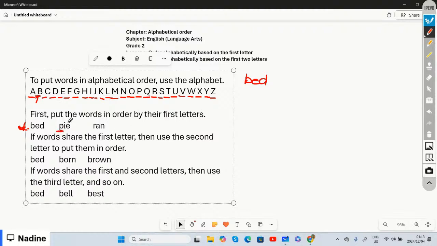Then P for pie, because here we have P and then we have R. So first P and then we have R for ran. These are now the words put in alphabetical order from the first letters. Not necessarily ABC, but in the sense of letters that come first or before one another in the alphabet.